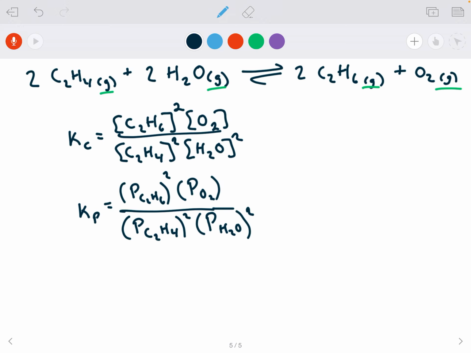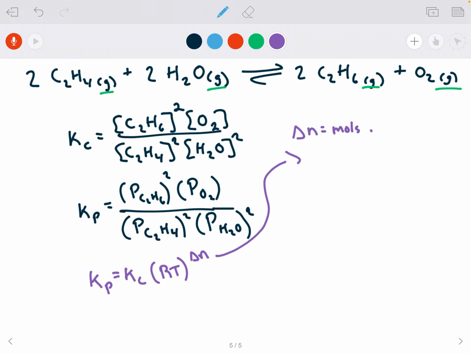And there is an equation that you can relate Kp to Kc. I'll put that in purple here. So that equation: Kp is equal to Kc times RT to the delta n. Now what delta n is: delta n is equal to the moles of product minus the moles of reactant.